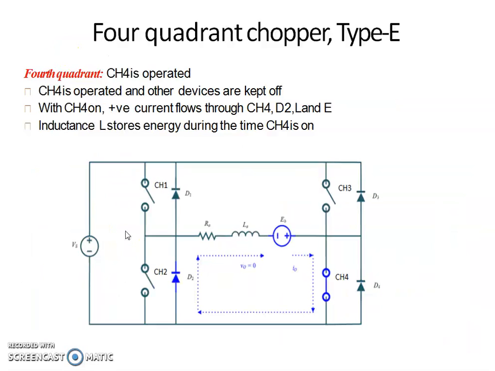Now consider the fourth quadrant operation. To obtain fourth quadrant operation, we are operating the switch CH4. First assume that CH4 is on. When CH4 is on, the current flows through CH4 and D2 and through the load.